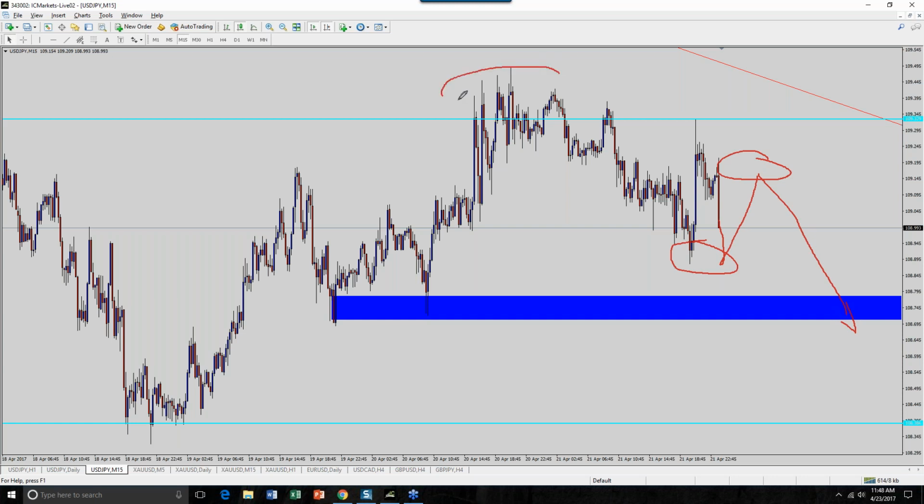Now, if we get up into this region, that's a judgment call again, because we've pulled back and gone to tap back into prior price regions. Does that mean the trend is starting to change a bit? More than likely not, because we saw in the 4-hour it's still a downward trend, but you have to be aware that if price does come to this region, you have to make a judgment call and say, I don't want to take more of a loss, but I'm okay with getting to this region only to go back down again.